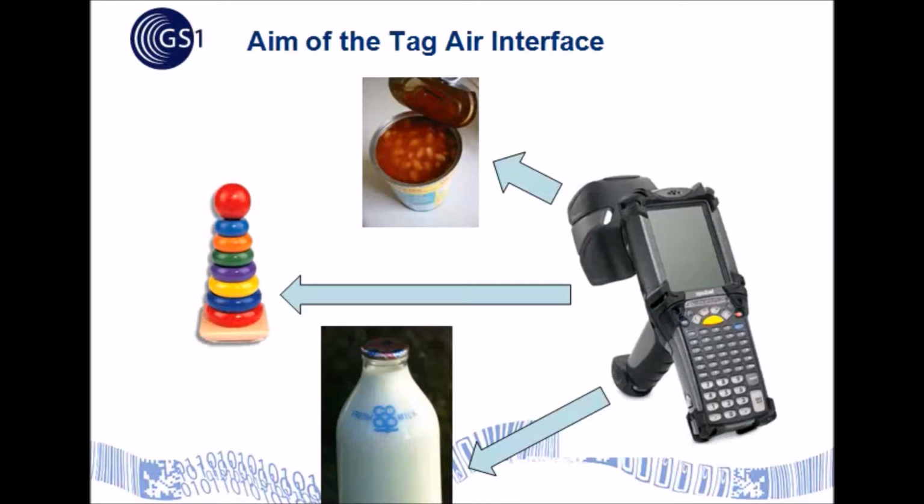So finally, how to provide means for readers and tags to minimize the interference with each other. That's also defined in the tag air interface.